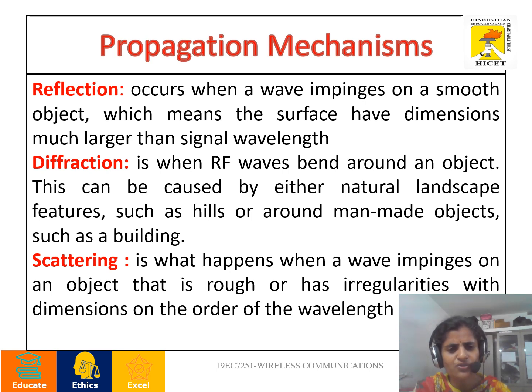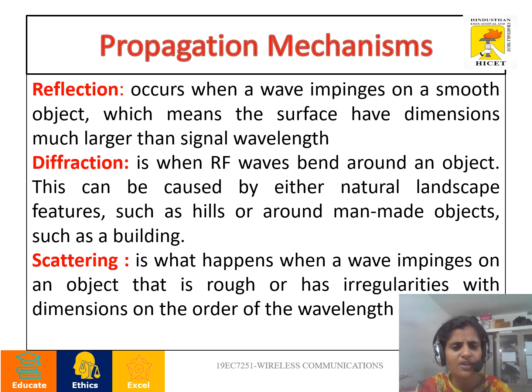You have so many obstacles between the transmitter and the receiver. It may be buildings, or mountains, or certain obstacles like a vehicle also will be an obstacle for transmission. So there are certain mechanisms needed for the transmitted wave to be received at the other end.